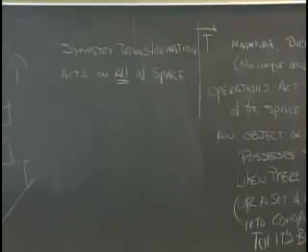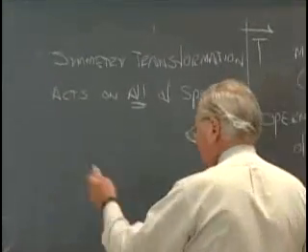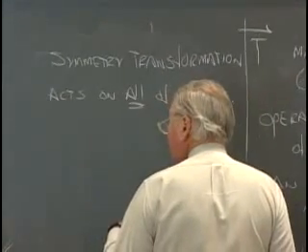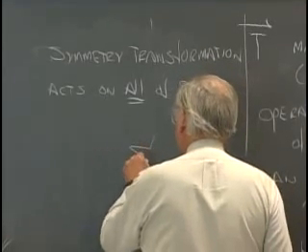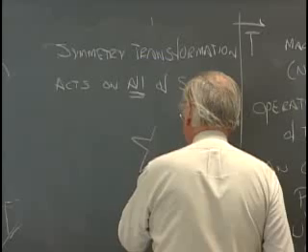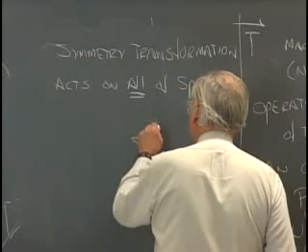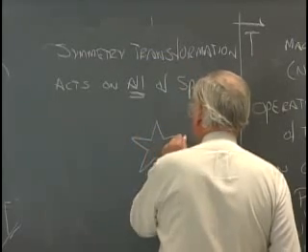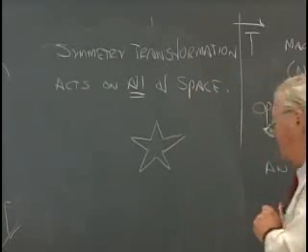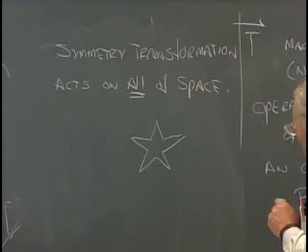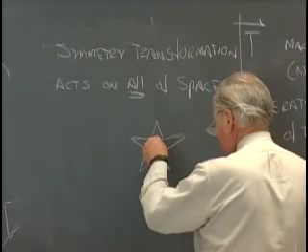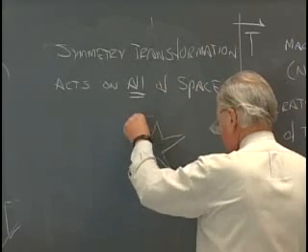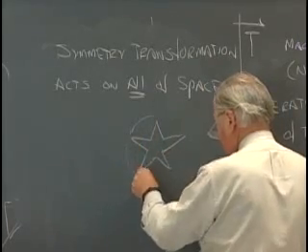Okay, so let me give you an example of a pattern that doesn't involve translational periodicity. So let me try to make a star as carefully as I can. What sort of symmetry does that have, or would it have had I drawn it more perfectly? Well, there would be a 5-fold rotation axis in the middle because I can rotate through 1/5 of a circle.